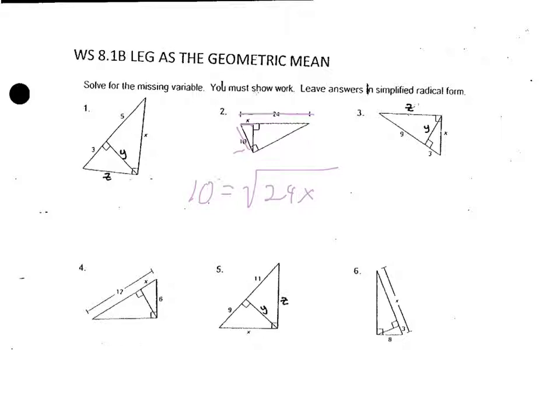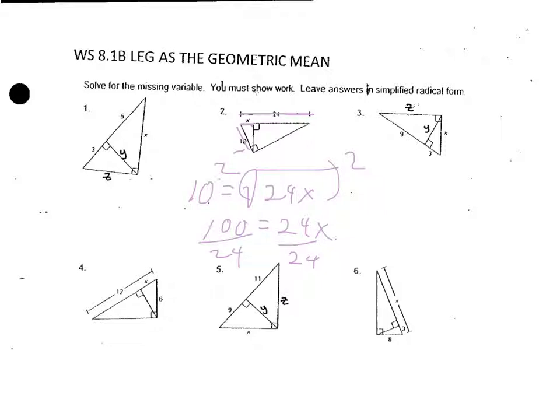So if we square both sides, we can get rid of the radical, leaving us with 100 equals 24x. Divide by 24, and go ahead and simplify that. We end up with 100 divided by 24, 4.16.